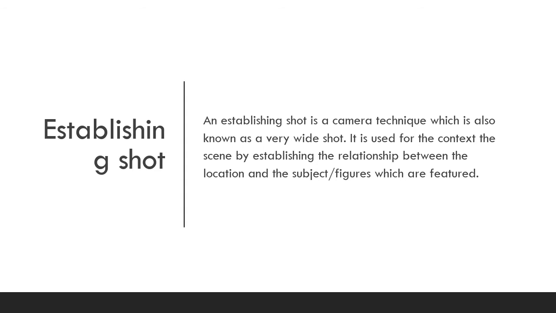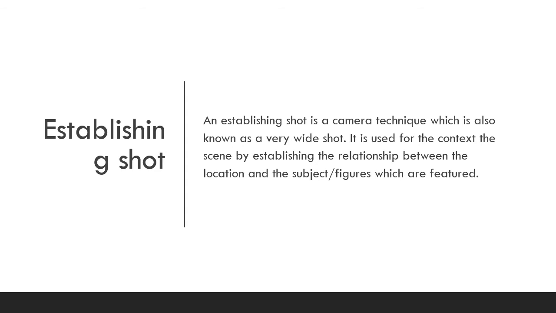Establishing shot is a camera technique which is also known as a very wide shot and is used to give context to the scene by establishing the relationship between location and subject figures. Like, let's say the forest example again. It's raining and there's a forest.